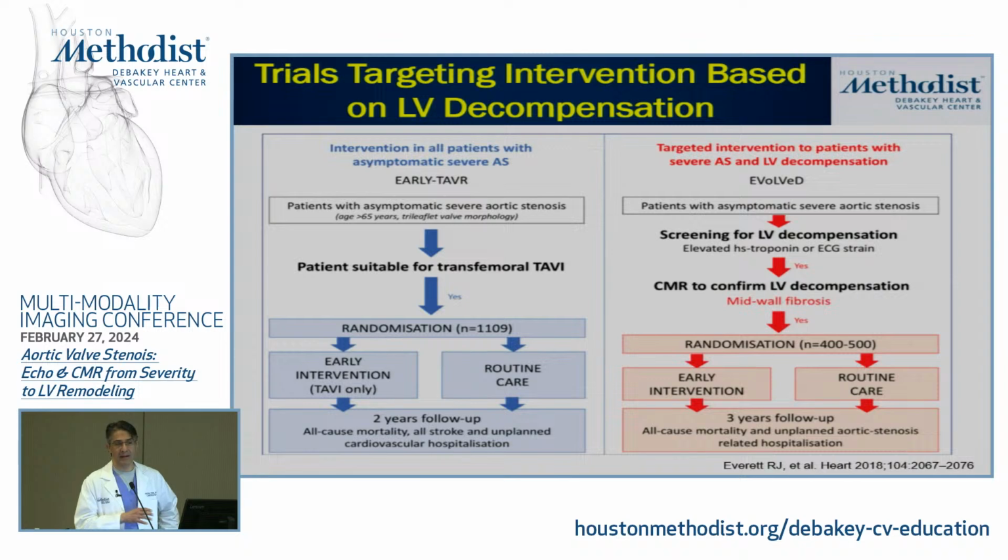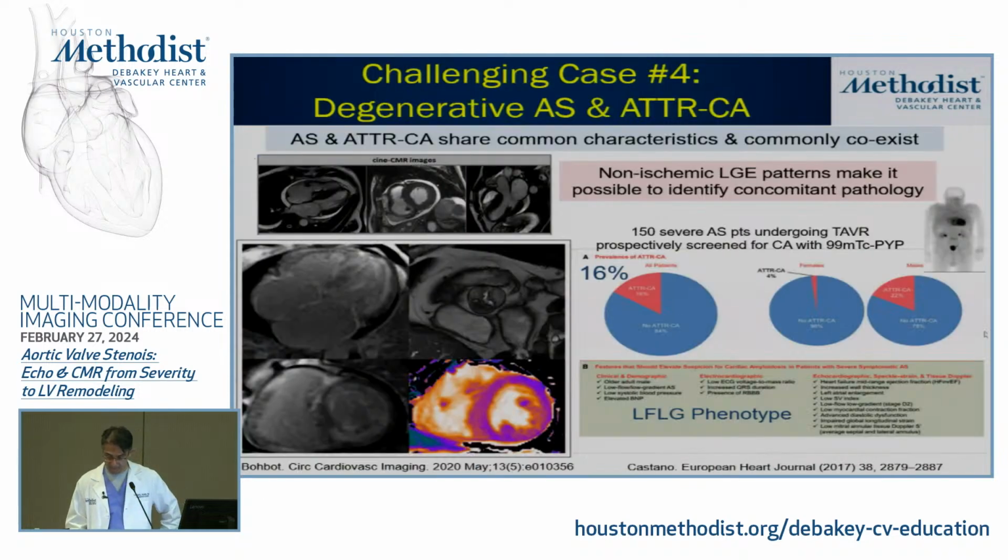These are asymptomatic patients with severe AS, really trying to prevent scar from ever happening. And then there's the EVOLVE study where you're going to have patients who will have mid-wall fibrosis, and you're going to quickly go ahead and replace the valve versus follow the normal guideline criteria for when you should replace a valve. And we'll see the outcomes of these important studies.